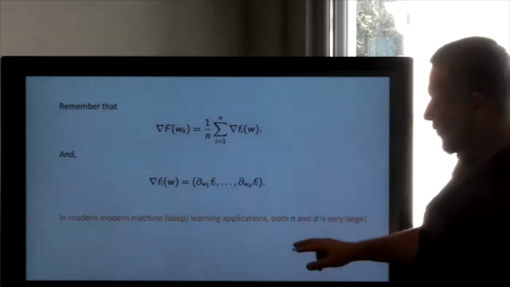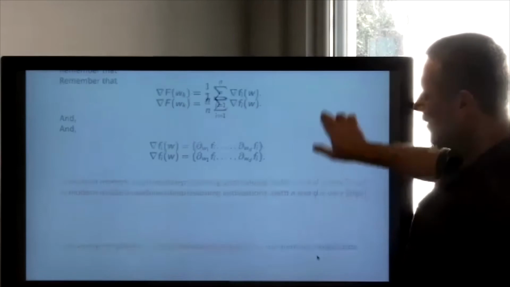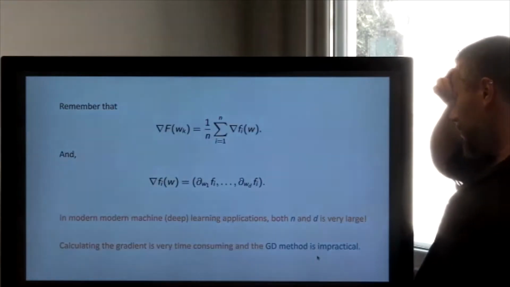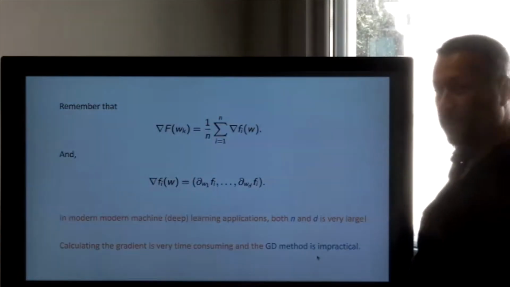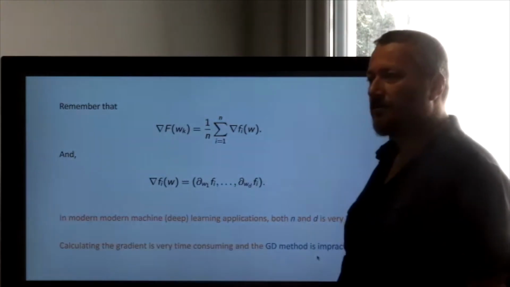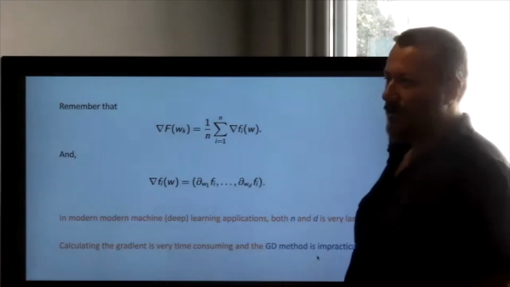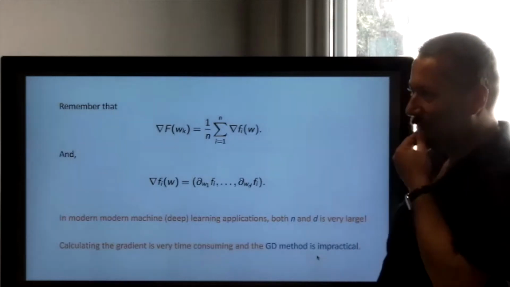So because of that, the gradient descent method is impractical for these large-scale machine learning optimization problems.